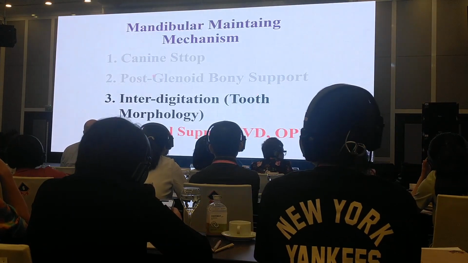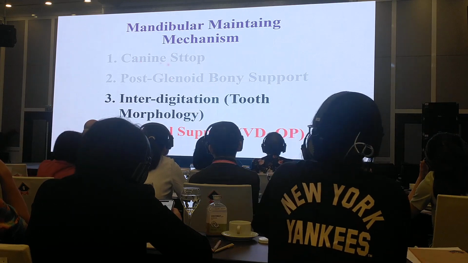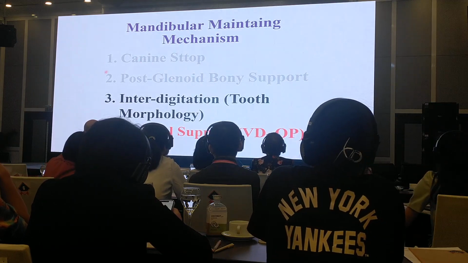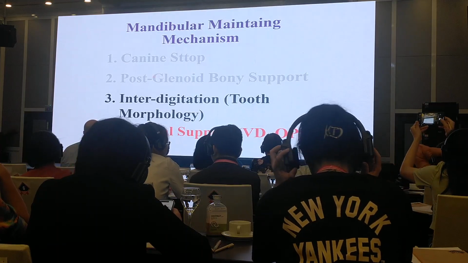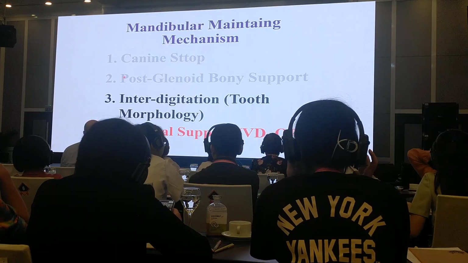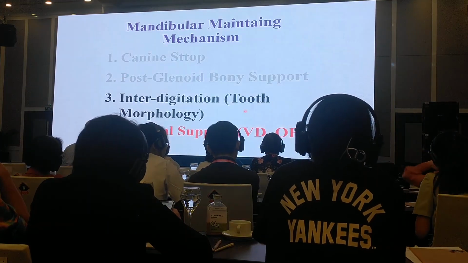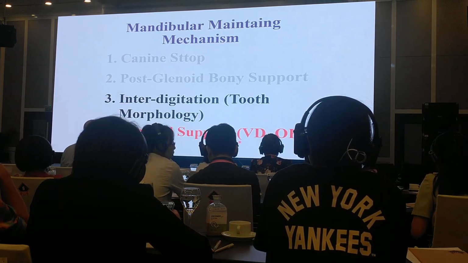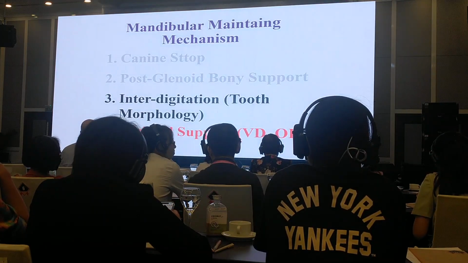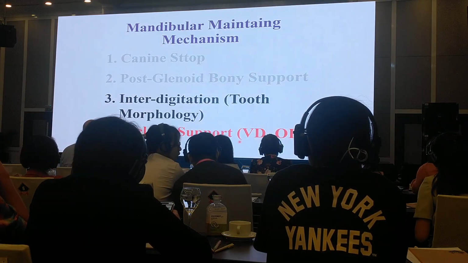So, let's talk about this. We have four elements to keep the mandibular position, but we lost two, the first and second. This one is okay, but the vertical dimension of the occlusal plane is changeable, especially with growth and development.